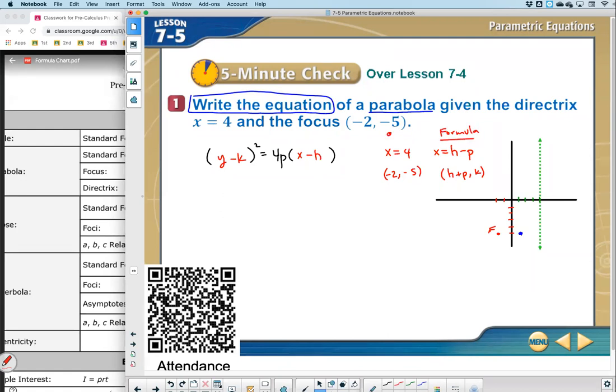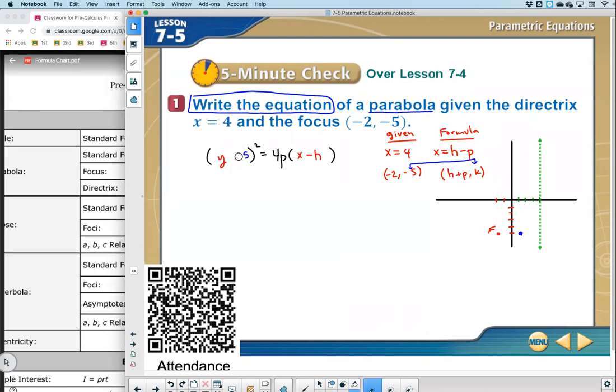This is what they gave us, the given. And what I can determine from here is that -5 is my k value. So when I substitute this in, I take out k and replace it with a -5. So it's y minus a -5. Is there a cleaner way of writing y minus a -5?